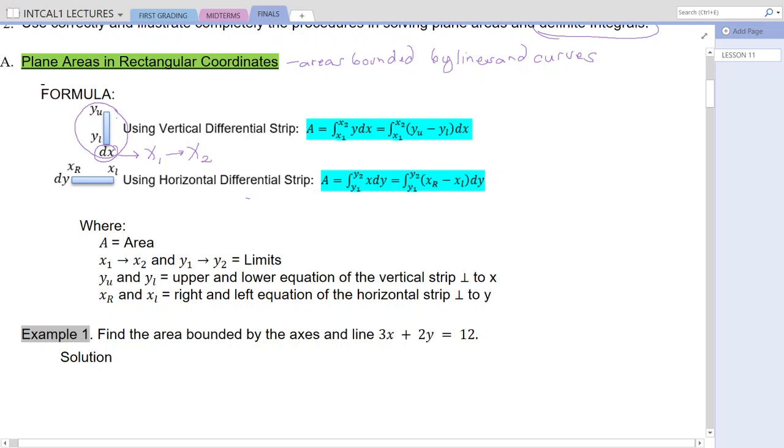Okay, so for this one, that is a rectangle. So the area of a rectangle is of course base times height, so that is simply dx multiplied by y, and y there is y upper minus y lower.